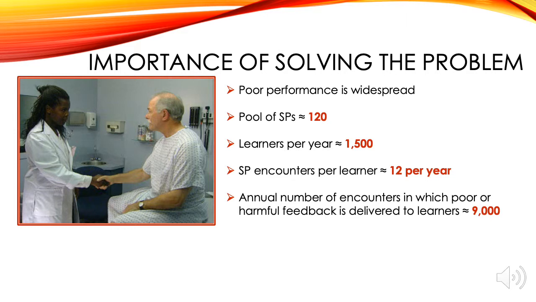If 50% of the SP feedback did not follow the guidelines for quality feedback, the annual number of encounters in which poor or harmful feedback is delivered to learners would tally close to 9,000.